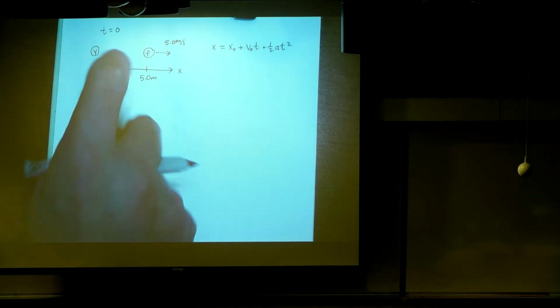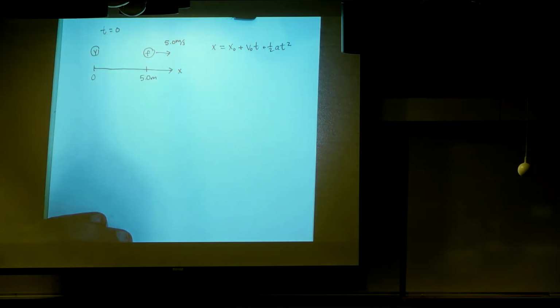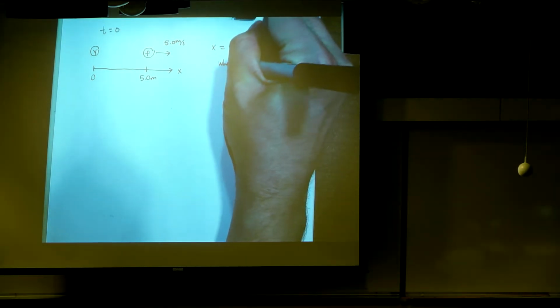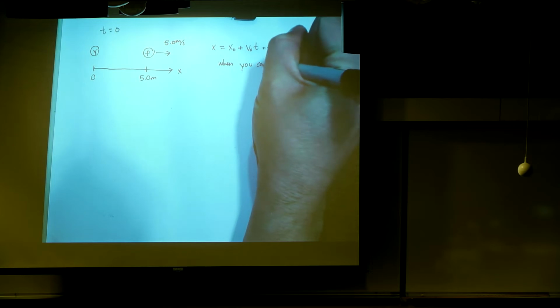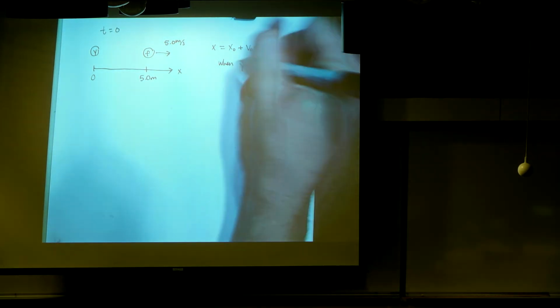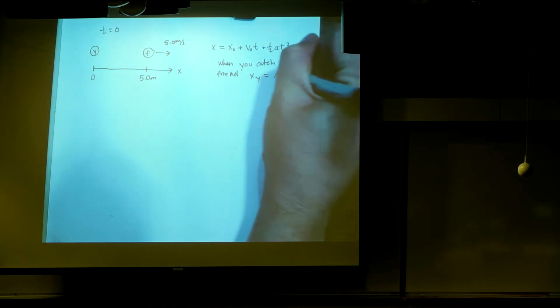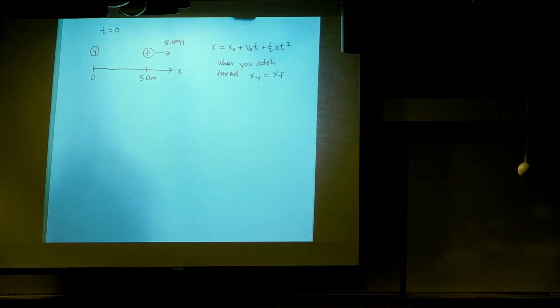But what does it mean to catch up? What does it mean when you've caught up to your friend? What can we say about the x values? Yeah. So when you catch your friend, x you equals x friend. You have the same position, okay?